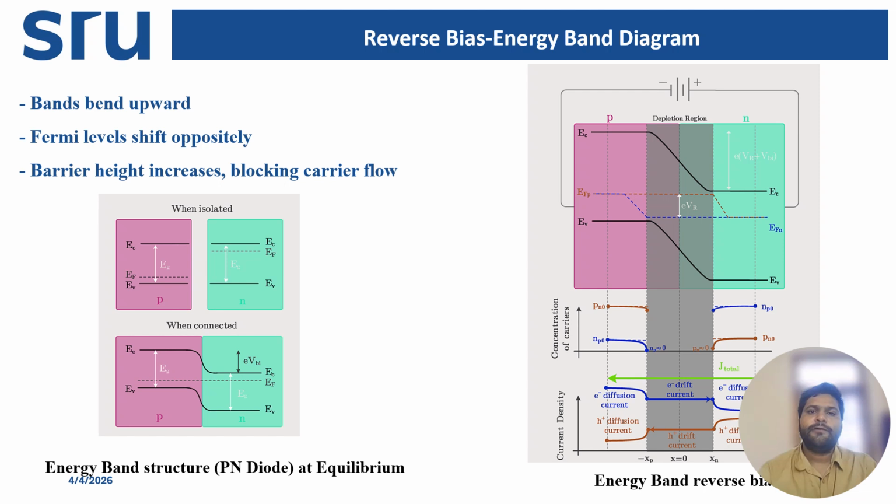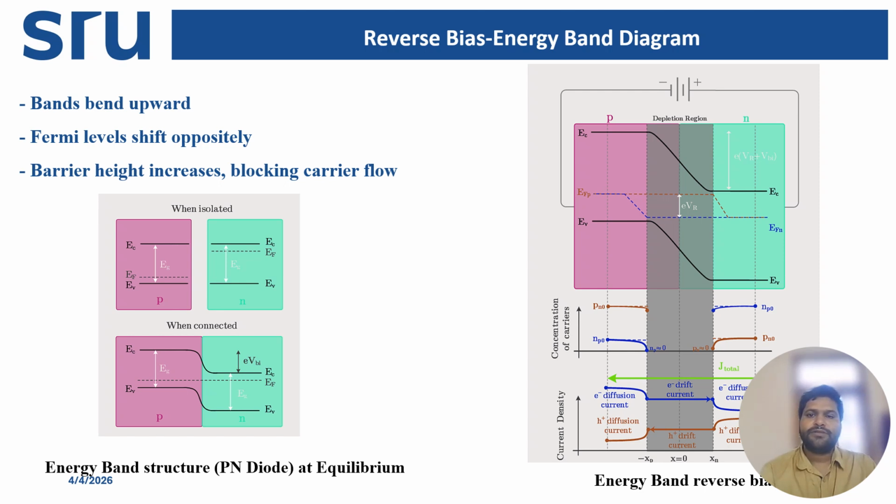If the reverse voltage becomes very high, the energy bands bend sharply, the electric field becomes extremely strong, so breakdown may occur. This can be Zener breakdown or avalanche breakdown. At breakdown, current increases suddenly.